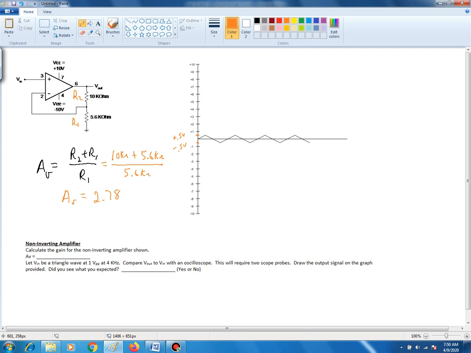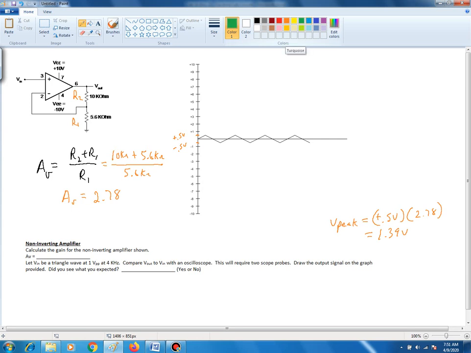So once this peak is reached at the input, we can come up with an equation for the output. The V peak is equal to your plus 0.5 volts times your voltage gain, which is 2.78. Therefore, the output signal will peak at 1.39 volts.